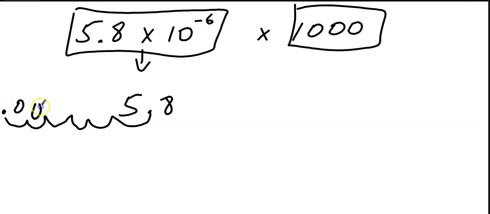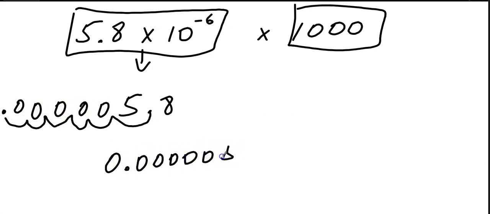Decimal is now here. These are zeros. Okay, and then we are taking this value, 1, 2, 3, 4, 5. That's the new value. That's the standard form of that version. And we're going to multiply it by 1,000.